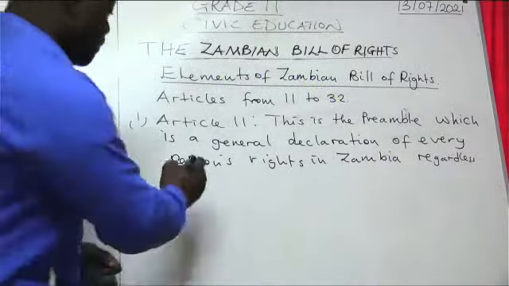Deprivation of property. What are we talking about, class? Now, we are saying that this article protects individuals from being deprived of their property except in cases permitted by law, such as failure to pay tax, or rates or dues and other things.